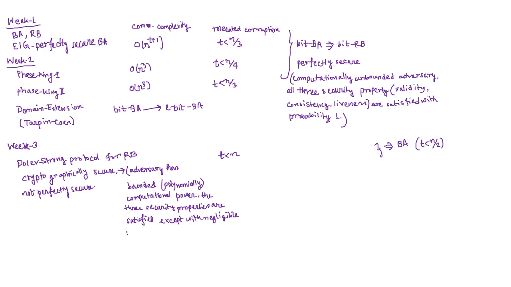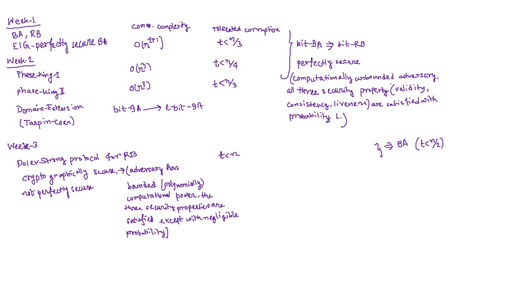What does that mean? There is a negligible probability in which case some of these security properties may not hold. In case of perfectly secure, all these three security properties will always hold even against a computationally unbounded adversary.